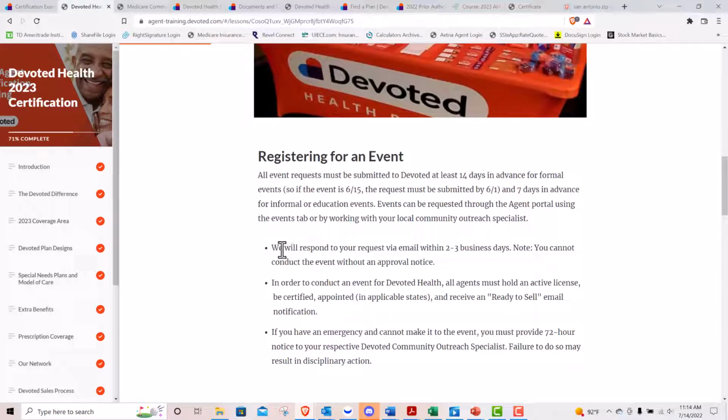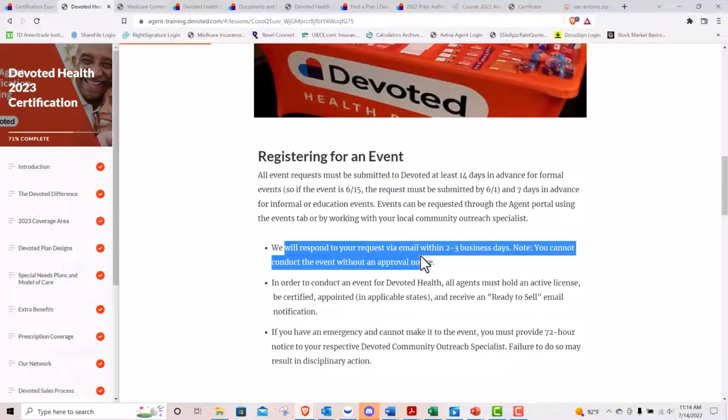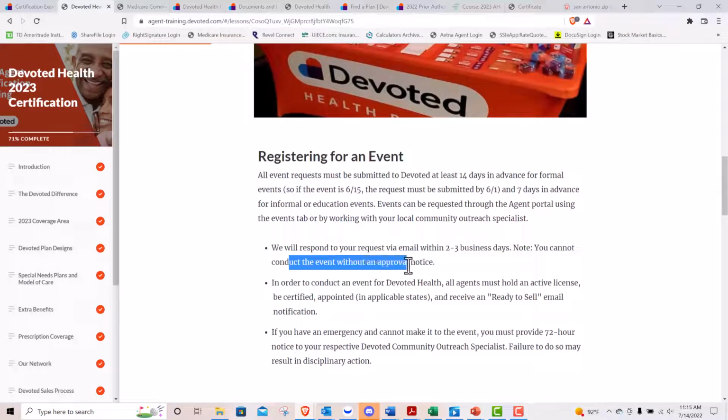And they'll respond to your request by email in 2 to 3 business days. You cannot conduct the event without approval. So if you do at least 14 days, try much more in advance, because you will have to secure the venue location, and you don't really want to secure the venue if you're not approved to do the event. Of course, you have to be licensed, appointed, and have the ready to sell email.